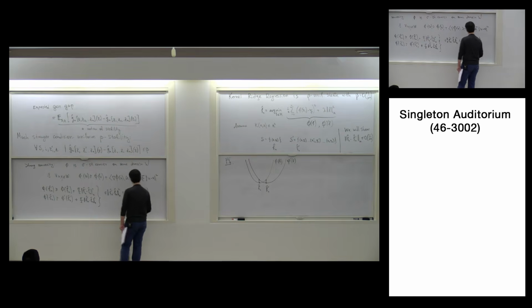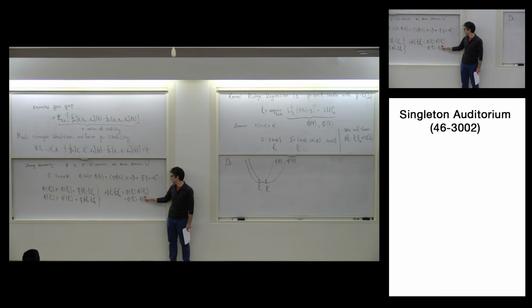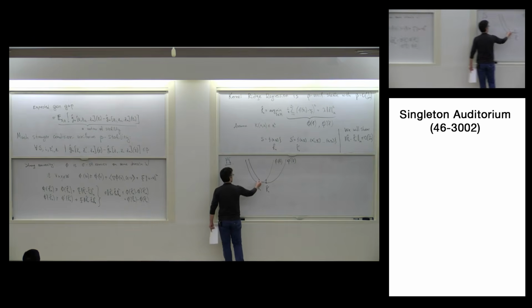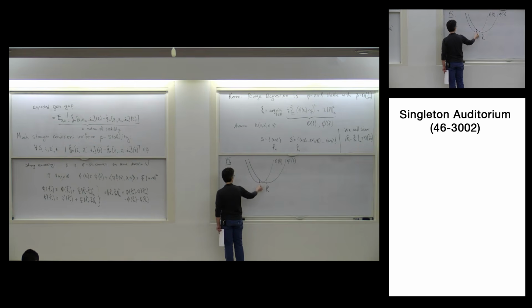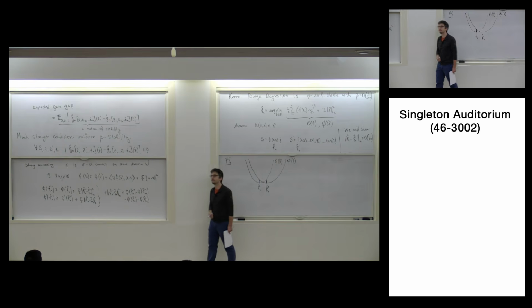I just regrouped the two terms according to the argument rather than the function itself. But this is exactly this vertical distance, and the second term is this vertical distance. So we put in mathematics what we said in words and drew in the picture.